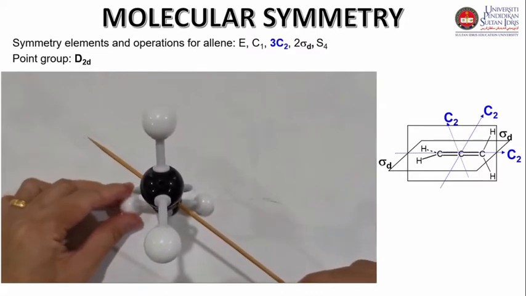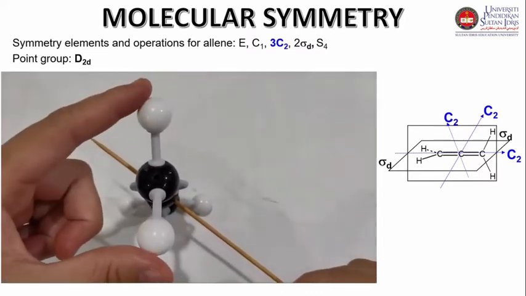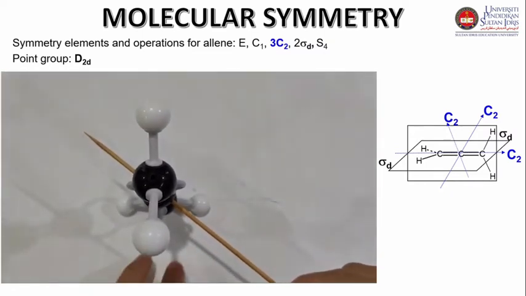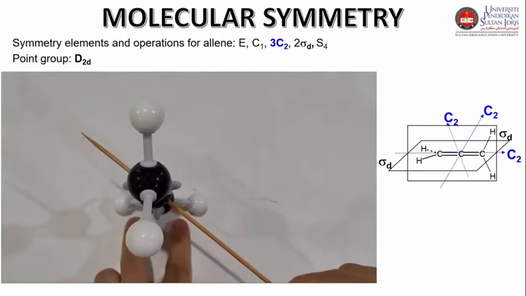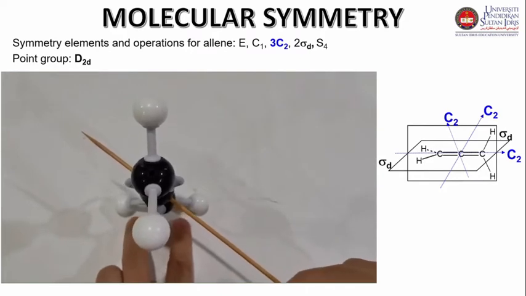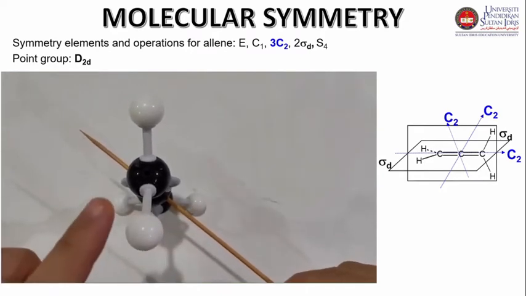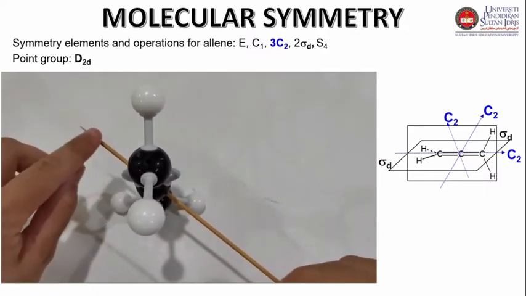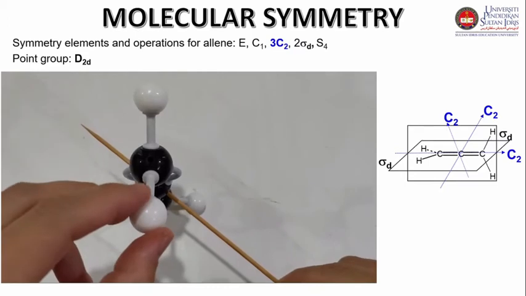You can clearly check that these two hydrogen atoms lie below after the rotation of 180 degrees, and we can obtain the same configuration. Now we can rotate it. You can clearly observe that.